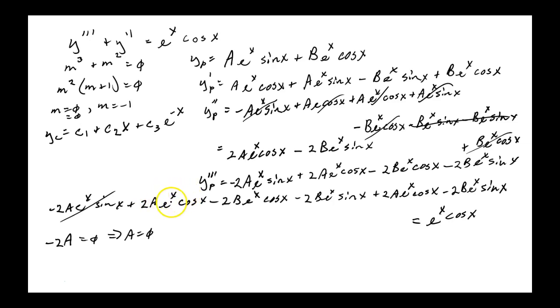a e to the x cosine x's. We have 2 here, and we have 2 here, making 4 of them. 4a e to the x cosine x should be equal to, well, wait, let's just leave those off. 4a is equal to 1, right?